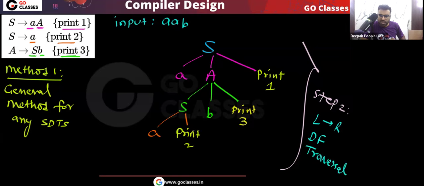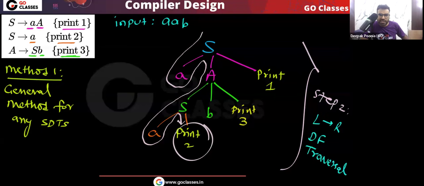As soon as you reach a semantic action, immediately execute it. So let's see here. You are going left to right depth first, and as soon as you arrive at a semantic action, immediately execute it.